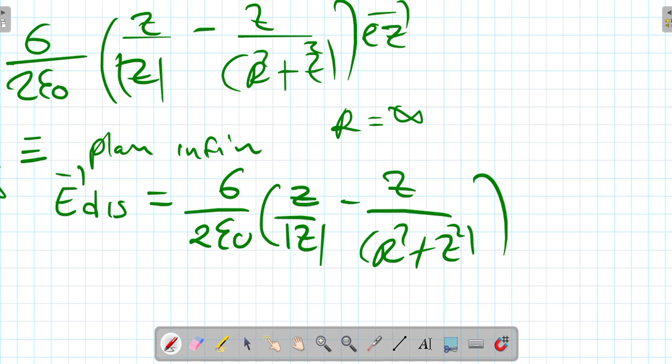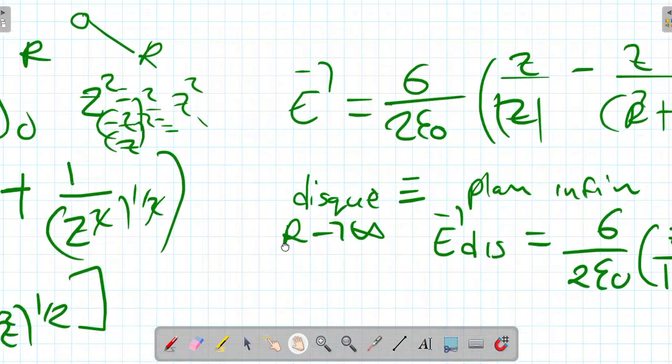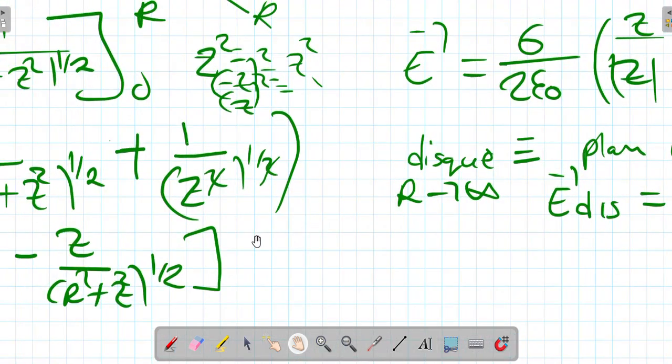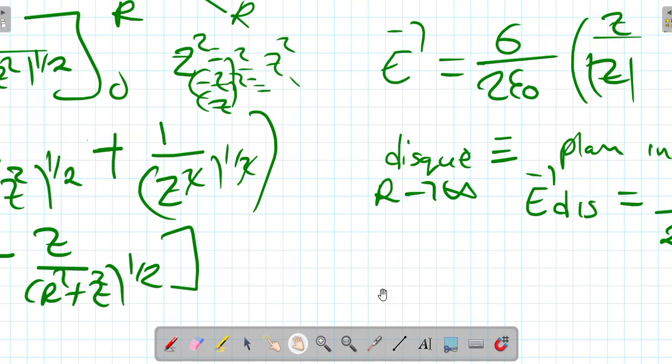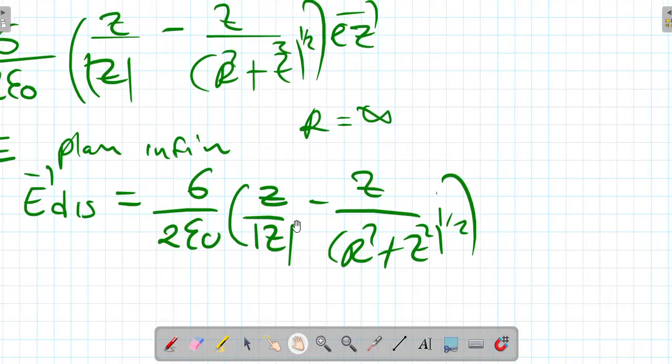to the power 1 over 2. I forgot the 1 over 2, sorry. Now the question is, if r is equal to infinity, so for an infinite plane, this is how you can kill two birds with one stone.